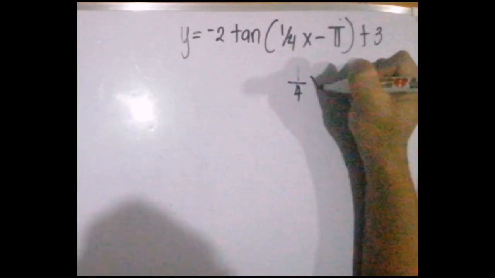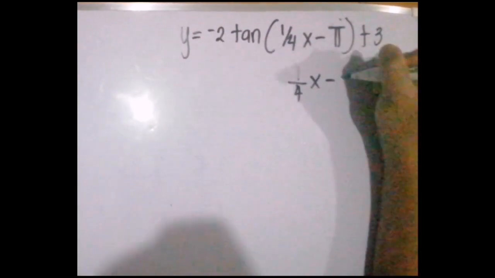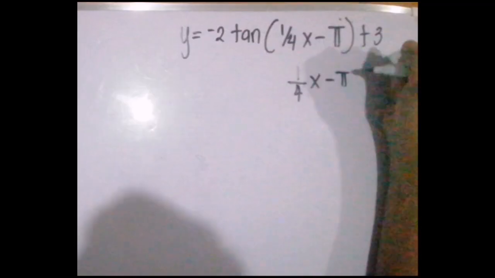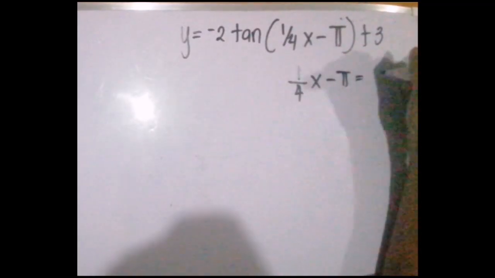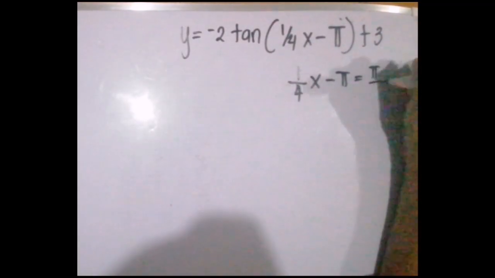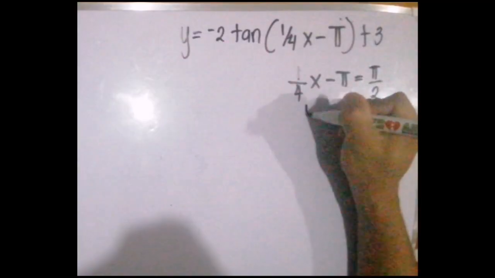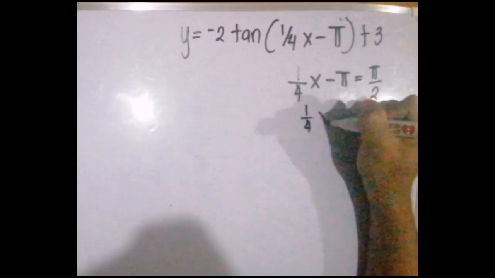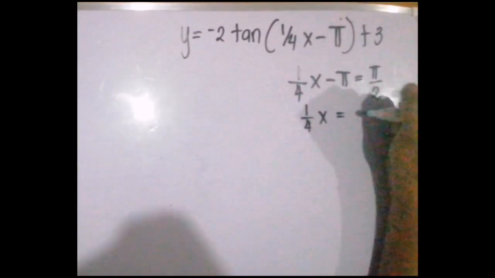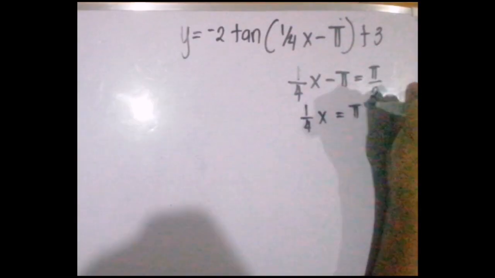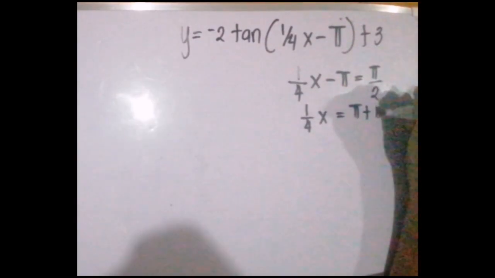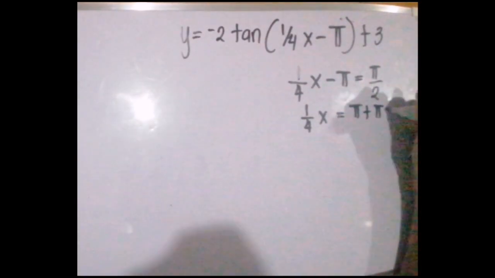1/4 x minus pi equals pi over 2. So 1/4 x equals pi plus pi over 2.